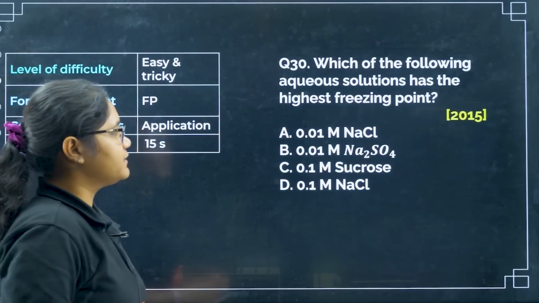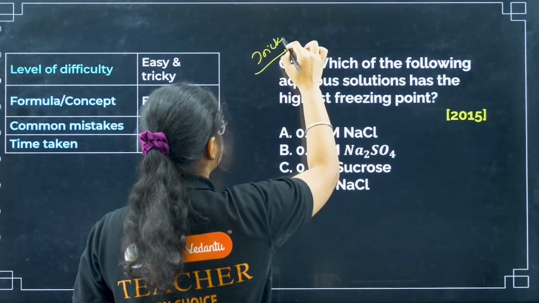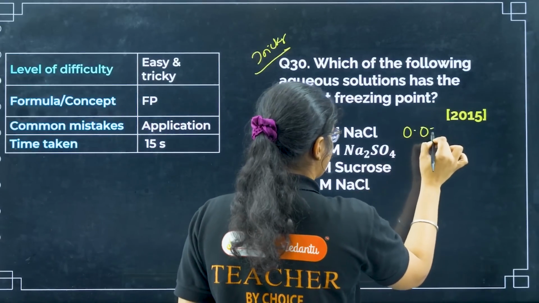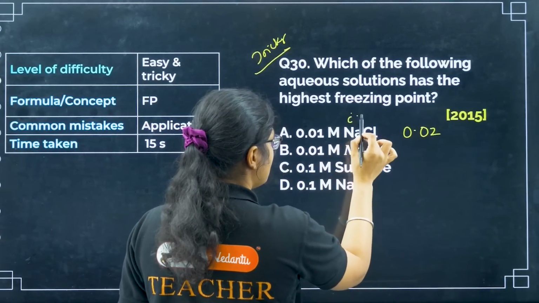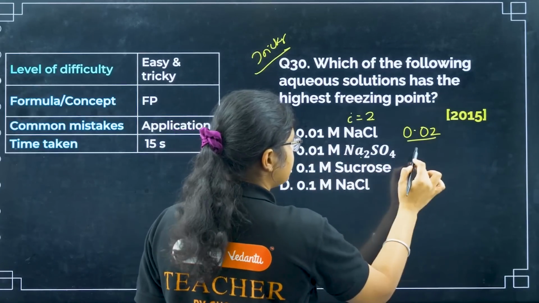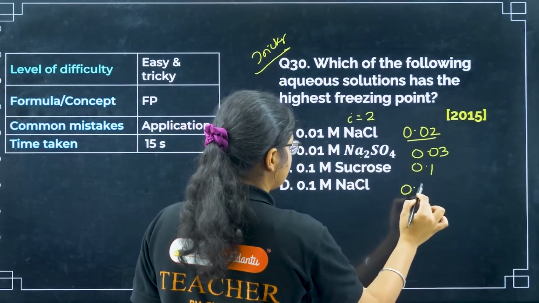Which of the following aqueous solutions has the highest freezing point? This is a bit tricky question. Here the depression will be 0.02, since the i value is 2, so 2 into 0.01, 0.02. Here it is 2 plus 1, 3, so 0.03. Here it is 0.1 and here it is 0.2.